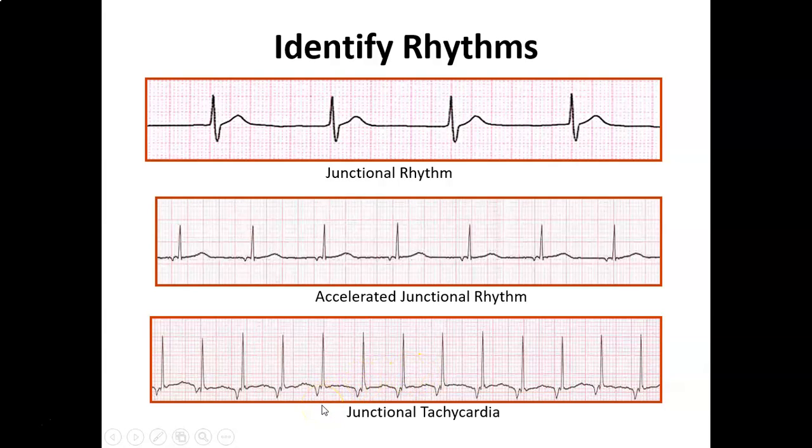So this is your junctional tachycardia. So the difference between these three rhythms is the heart rate. If heart rate is 40 to 60, it's junctional rhythm. If it's between 60 to 100, it's accelerated junctional rhythm. And if it's more than 100, it's junctional tachycardia.